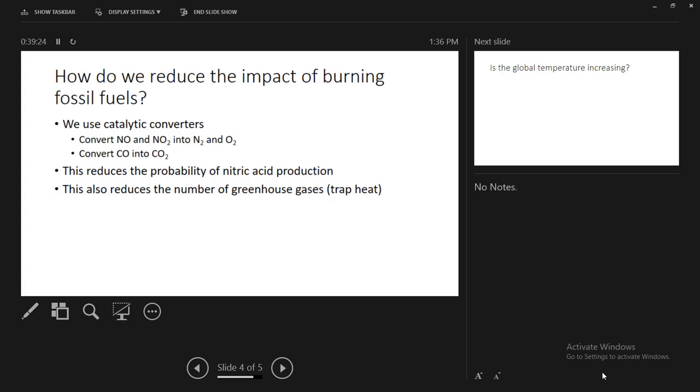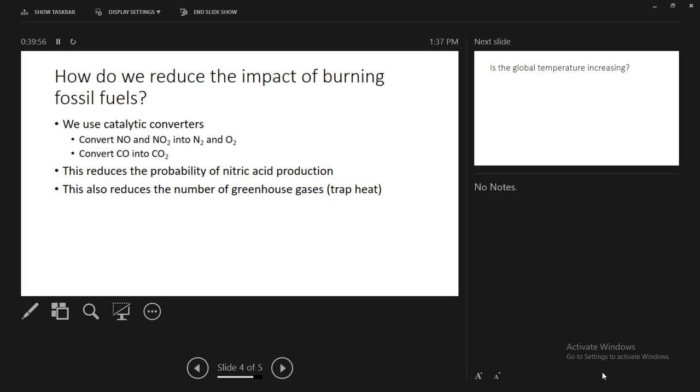This is for a vehicle that does such a good job reducing the production of nitrous oxide and sulfur dioxide that they have a rating that allows them to basically advertise themselves as a partial zero emissions vehicle. Okay? But ultimately, this is why we put catalytic converters on cars. And this is why we put catalytic converters on coal burning plants, wherever you're burning fossil fuels.